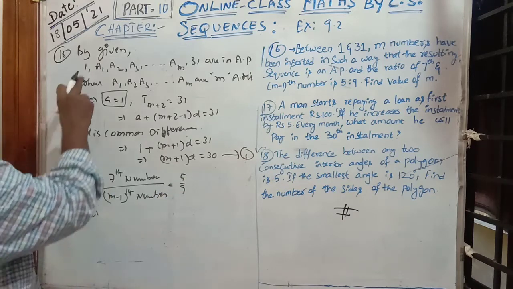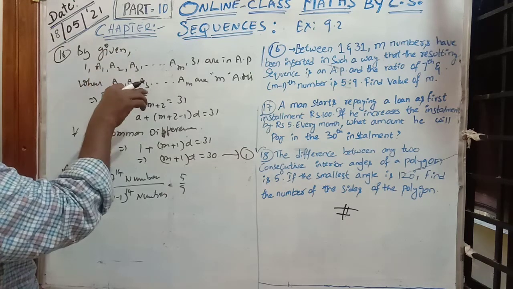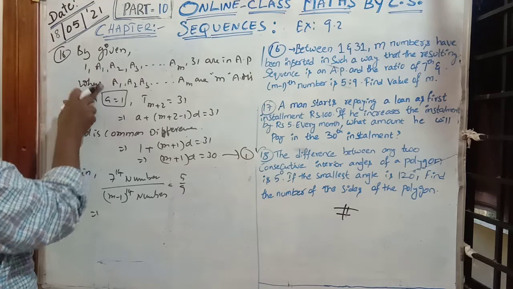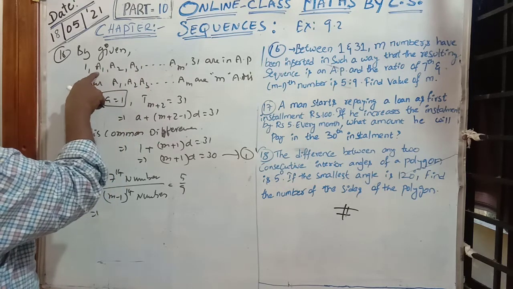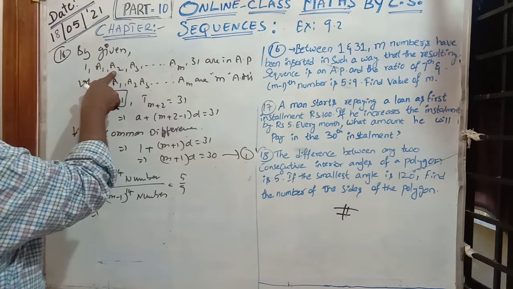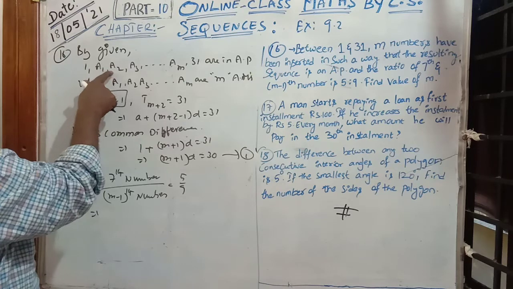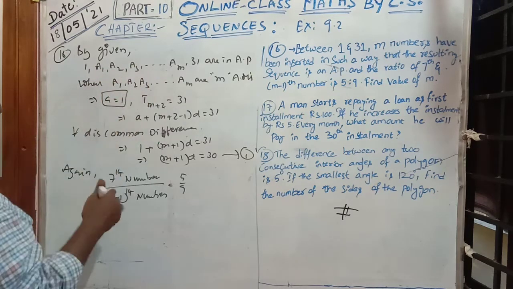The 7th number, out of m numbers. For example, the first number is the second term of the AP. Remember, you try to catch this. A1 is the first number, but in the sequence it is the second term; A2 is the second number, but in the sequence it is the third term. Like this, the 7th number is the 8th term.